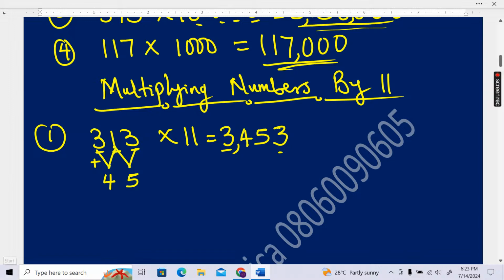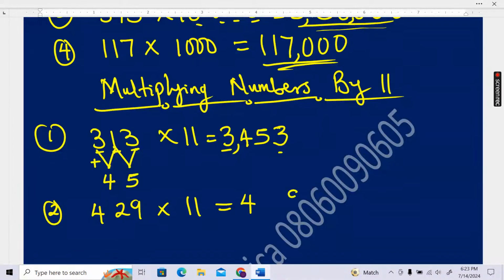Now the next one. 429 times 11. Write down the first digit and the last digit with a space in between.